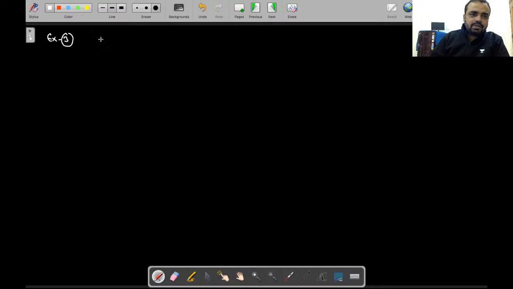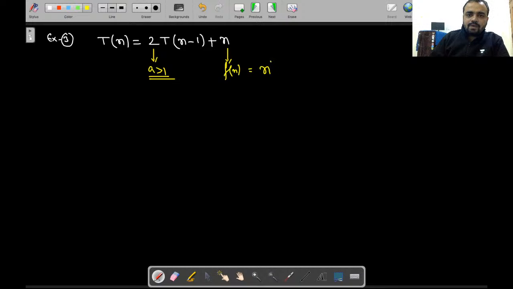Suppose example number 3 is given as T(n) = 2T(n-1) + n. Here the value of a is greater than 1, and f(n) is n to the power 1.